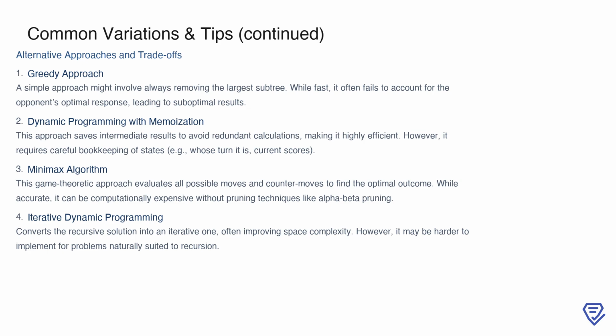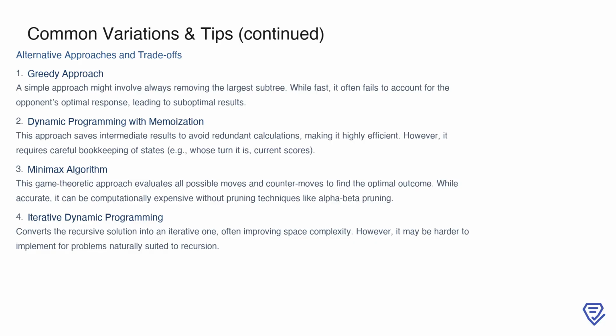The minimax algorithm is another powerful option. This game-theoretic method evaluates all possible moves and countermoves to determine the best overall strategy. While it provides accurate results, it can be computationally expensive unless combined with pruning techniques like alpha-beta pruning.